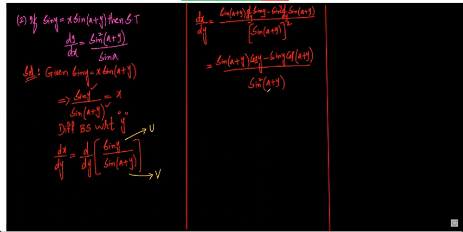Now if you read this one, this is which form? This formula we know already, trigonometry में पढ़े, sin a cos b minus cos a sin b. Let me write here, sin a cos b minus cos a sin b. And here in our question, our a value we assumed as a plus y, our b value we assumed as only y.